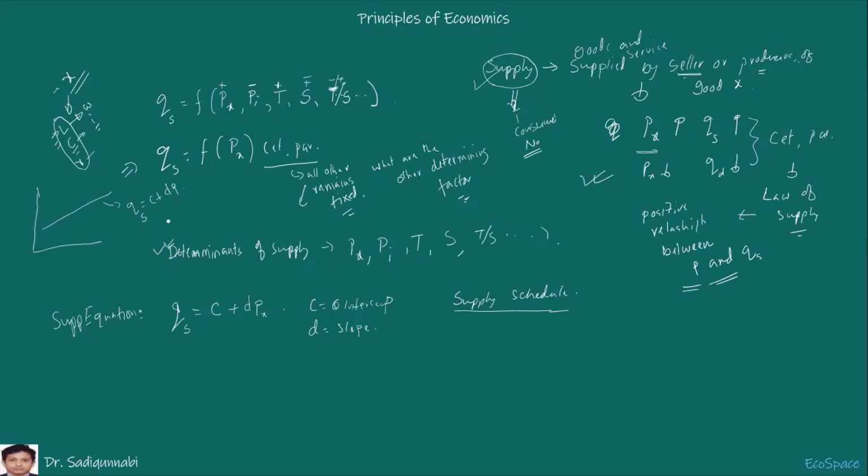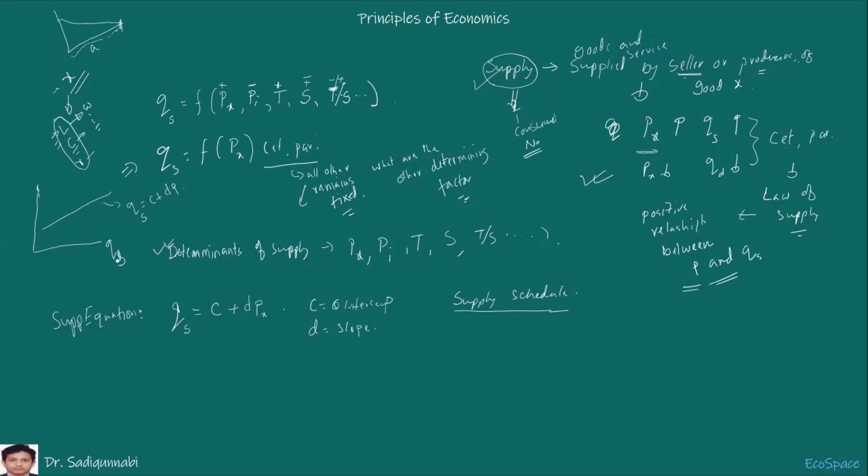Now, can you locate C here? Because in our demand analysis, we have seen that this is our A, the intercept. Can you find this C here? Where is C? I said that C is the intercept, and intercept is related to your dependent variable axis.